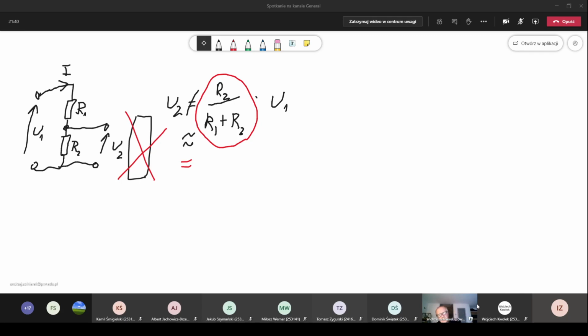So we can use this formula to project, to choose this voltage divider. But from the systems theory point of view, we obtain this description applying some simplifying assumptions.